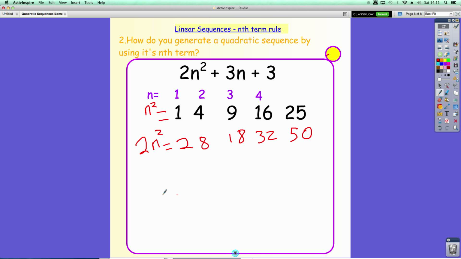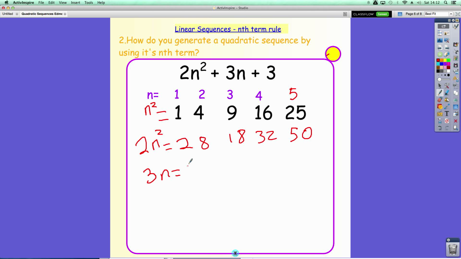So I'm going to break it up and I'm going to make a 3n row, which is 3 times n, my position, or n, the number in the sequence, the place in the sequence.